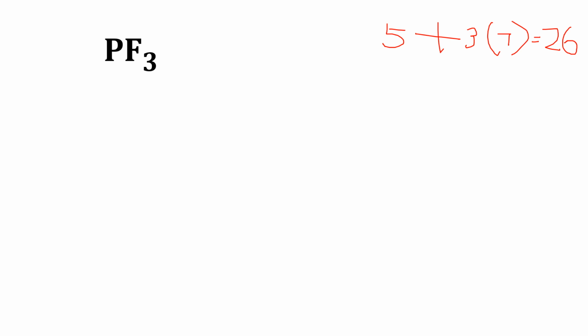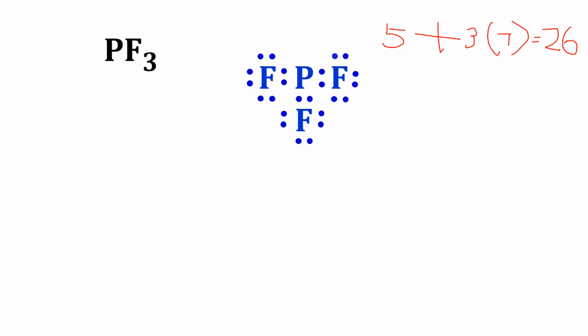Once we get the total number of valence electrons for this particular molecule, we can move on to draw the structure. In this case, we will go ahead and draw out all the electrons. Once we draw all the valence electrons around each of the atoms, make sure they fulfill the octet rule by having 8 electrons surrounding each of the atoms.